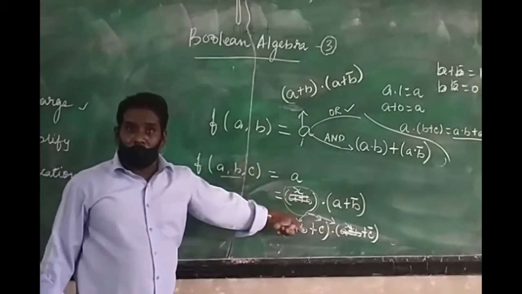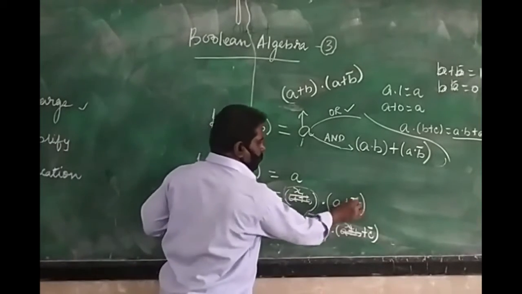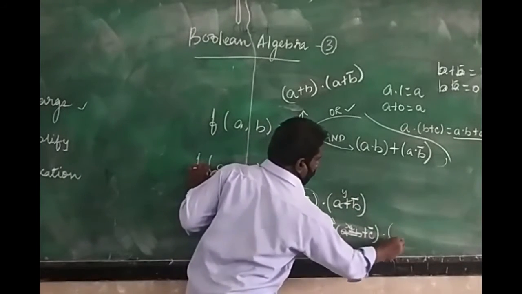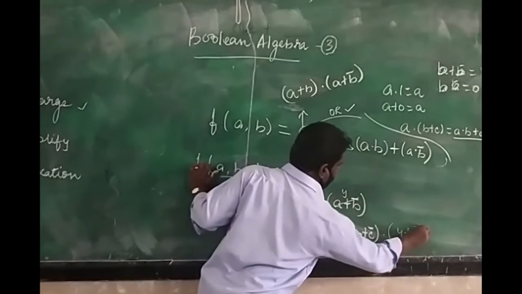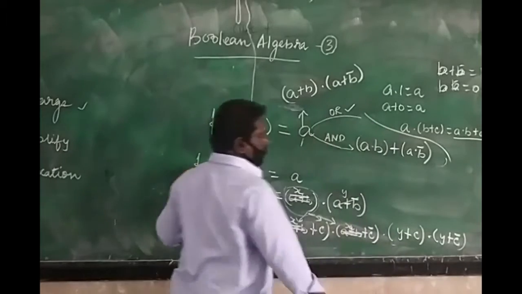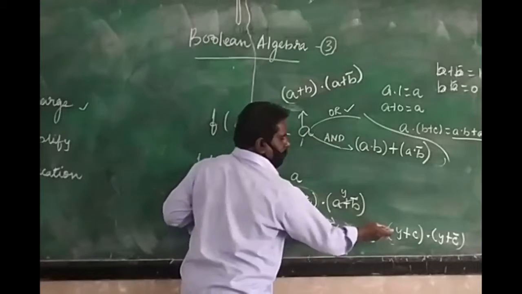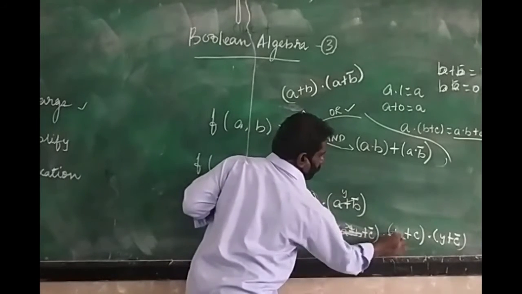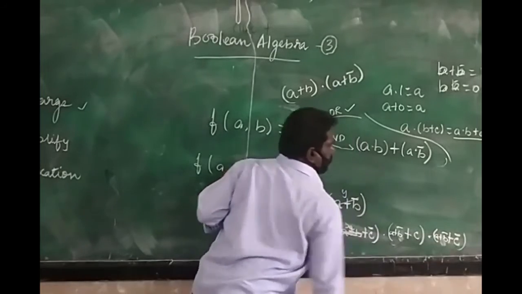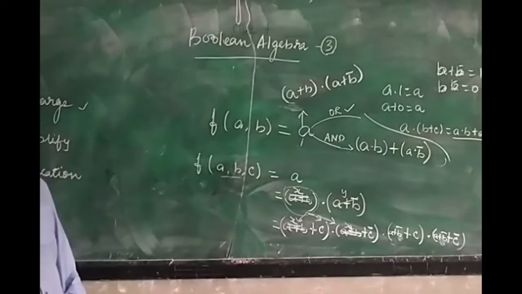I hope you all are clear. Similarly, if I take this one as y, what will we do now? Dot y plus c dot y plus c bar, isn't it? Yes. So what is y? y is a plus b bar. So a plus b bar plus c, a plus b bar plus c bar. This is how we can enlarge.